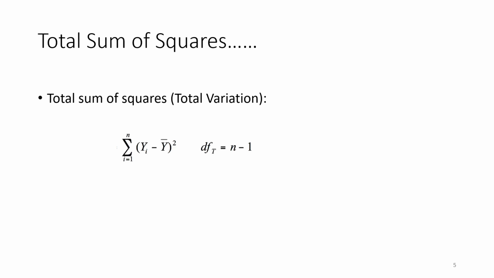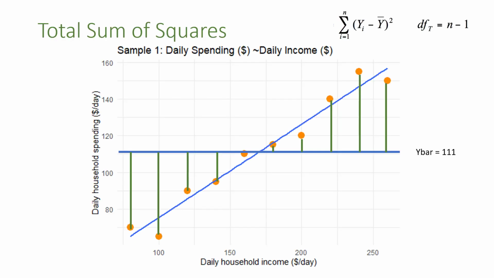So total sum of squares, or total variation. This is the sum of the differences between the y observed and the y mean, those differences squared, and then summed. Those differences between y i and y bar are shown in green.